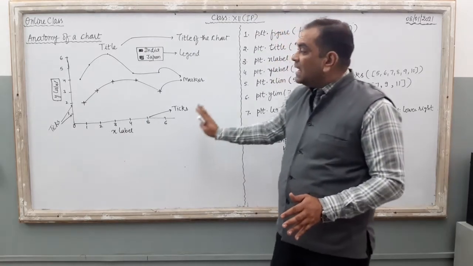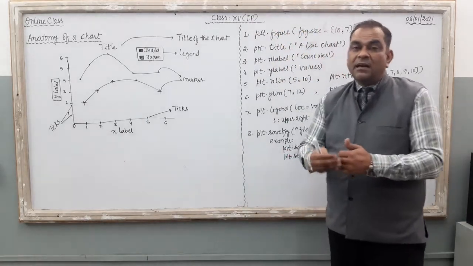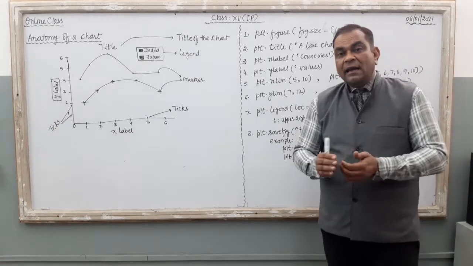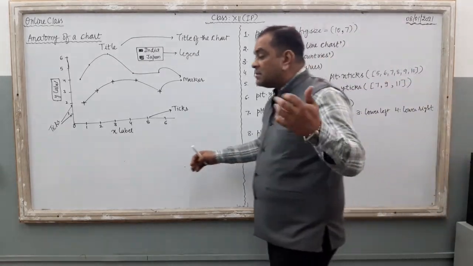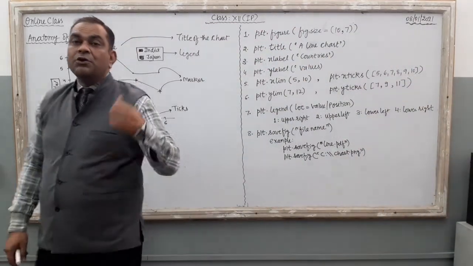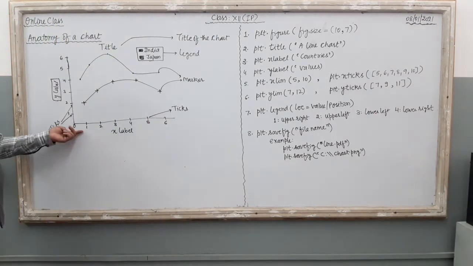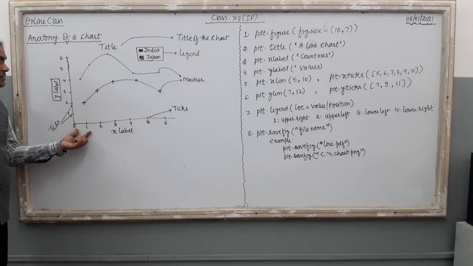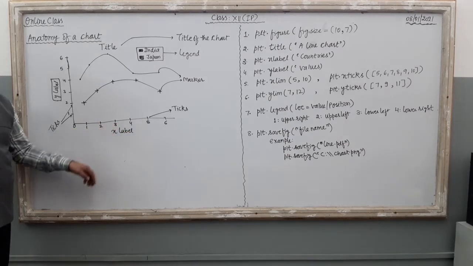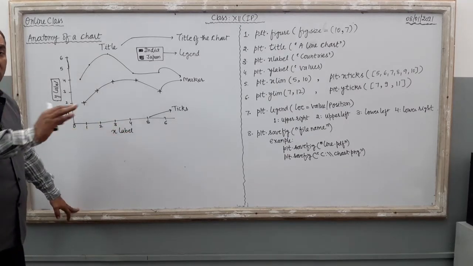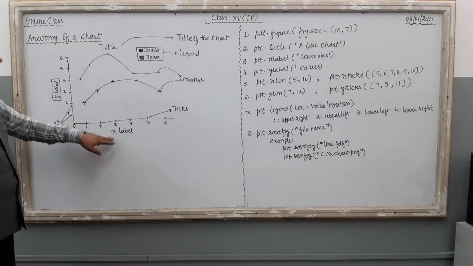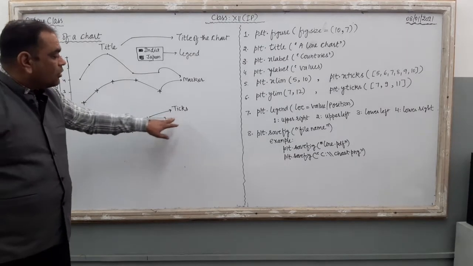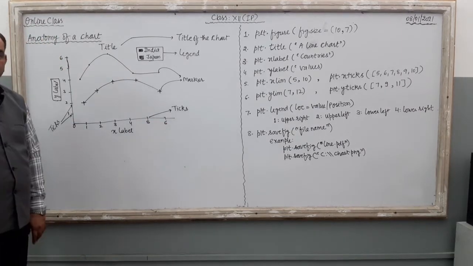The difference between two ticks is 0.5 by default, but you can set the tick values according to your style also. Here I set the tick values of my x-axis as 0, 1, 2, 3, 4. There is a function to set the ticks of both axes.